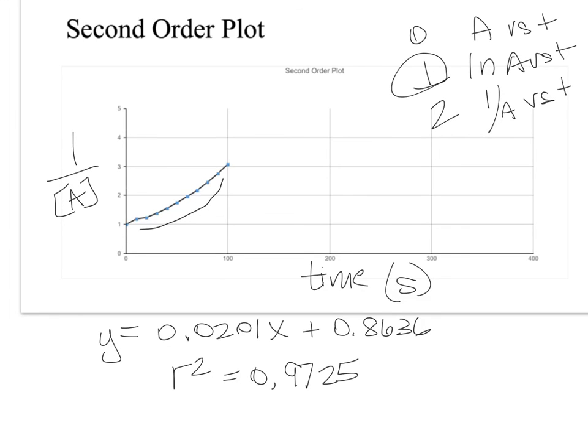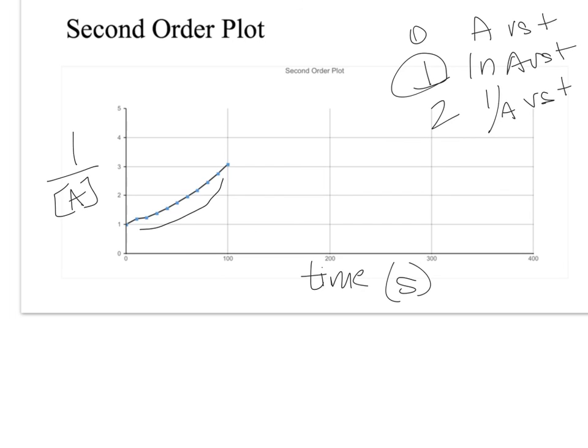So when I write the rate law, let me erase for just a minute here. When I write the rate law, rate is equal to, now I know what K is from my plot, and it is 0.0112.